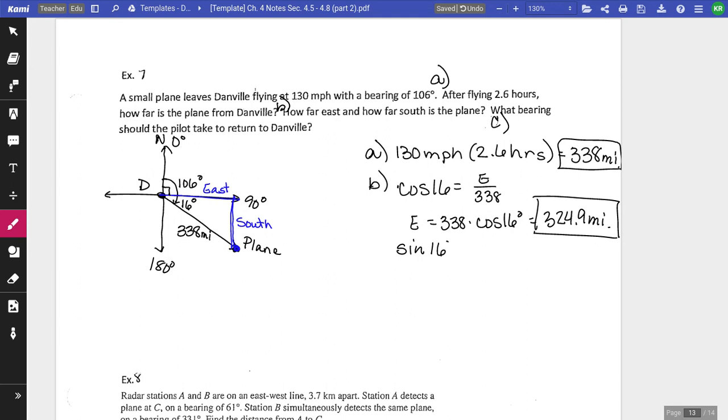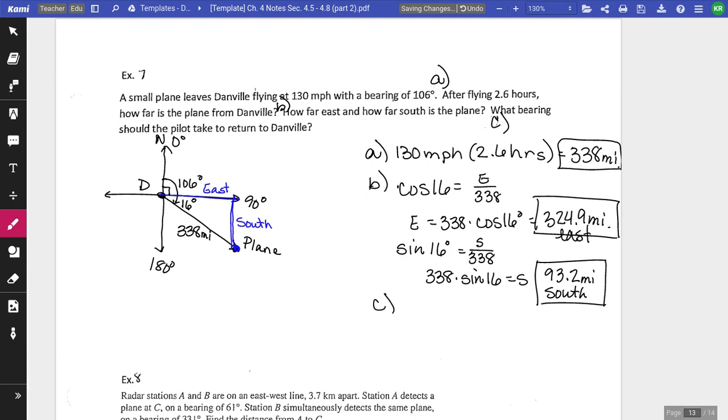Sine of 16 degrees is that distance going south divided by 338. Multiply both sides by 338, and my distance going south is going to be 93.2 miles south. I should label what direction, and this one's east.